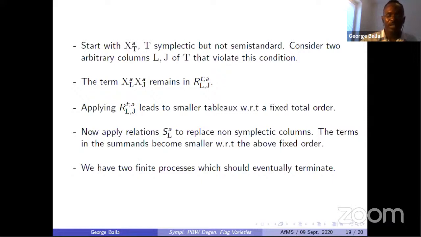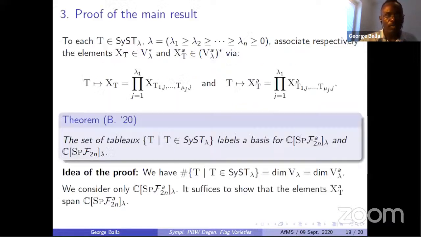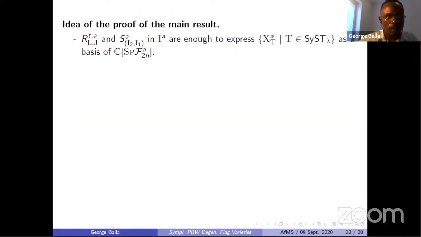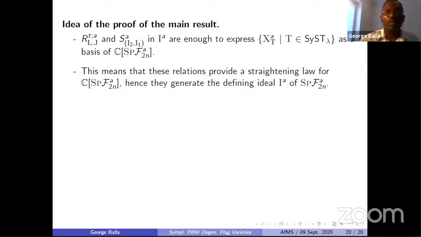So we can see that these terms span this coordinate ring. And now the idea of the proof of the main result is that we have used our relations to rewrite everything as a basis for this coordinate ring. This means these relations provide a straightening law for rewriting something which is not semi-standard, not symplectic, as symplectic semi-standard.